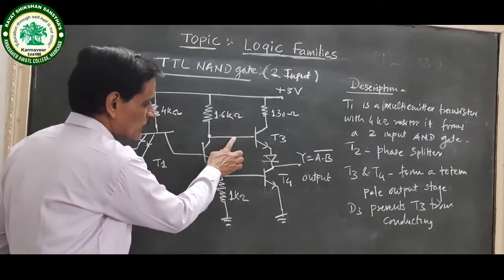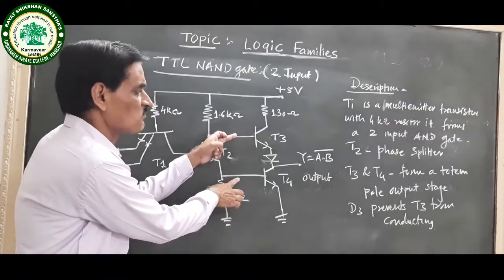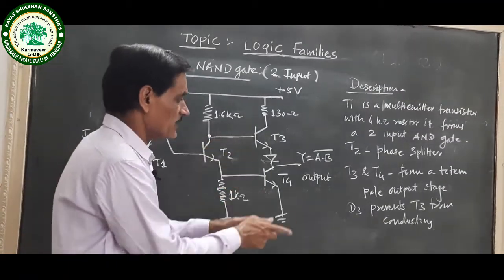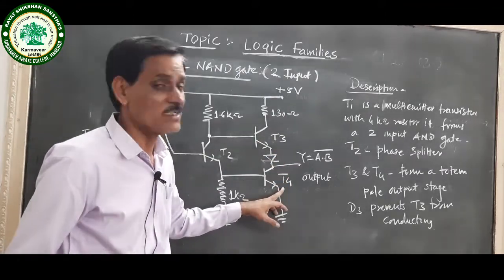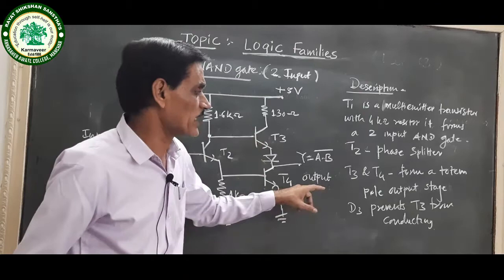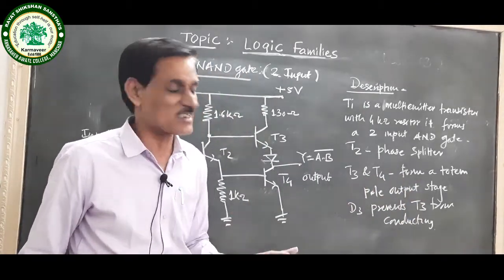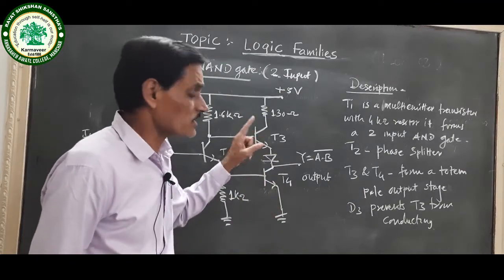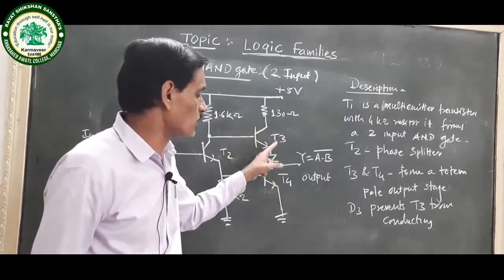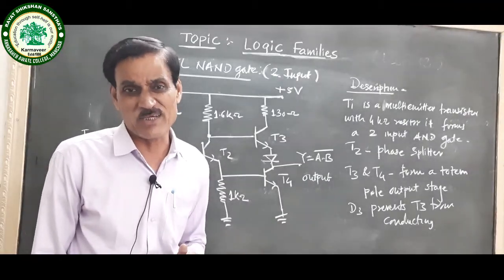In this circuit, the transistor T2 is doing the job of phase splitting. The signals arriving at this place and this place are 180 degrees out of phase. Then the output stage is constructed with the help of T3 and T4. This is known as the totem pole output stage. The main characteristic of this stage is that at any time only one transistor is conducting, while the other transistor remains off.